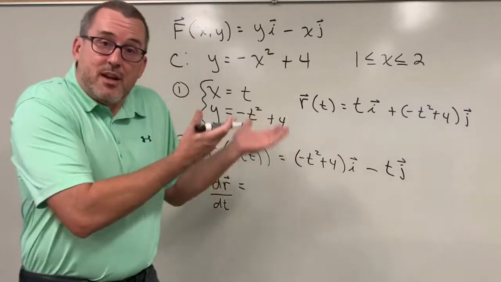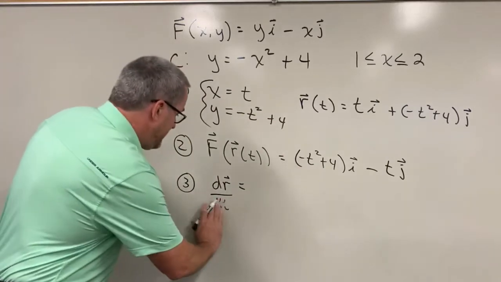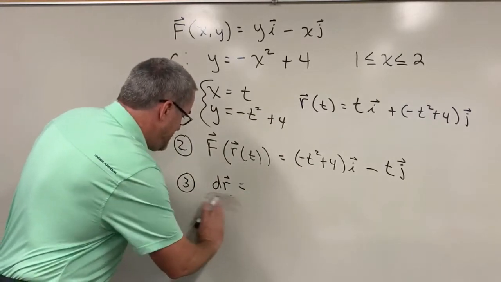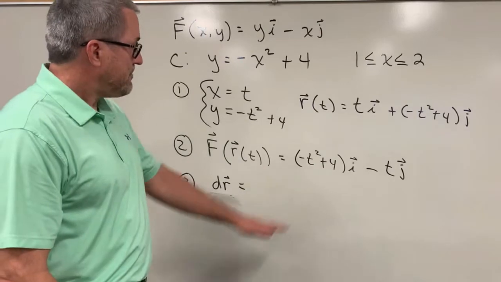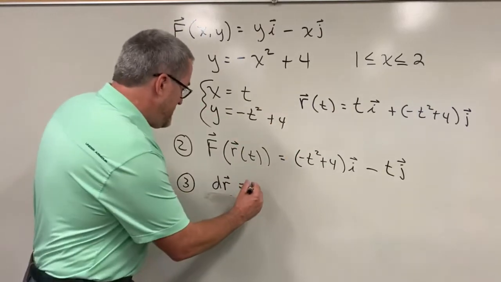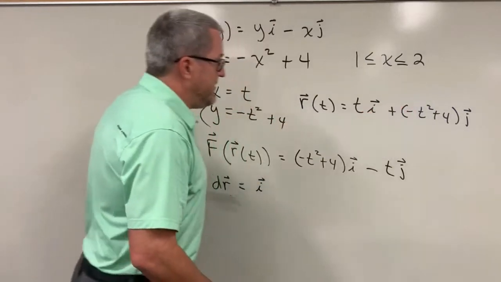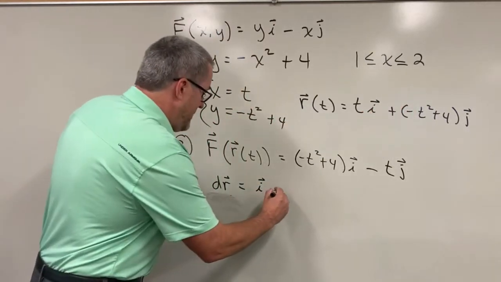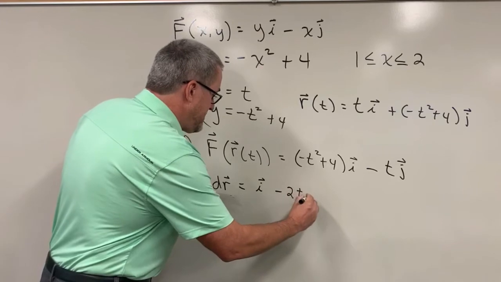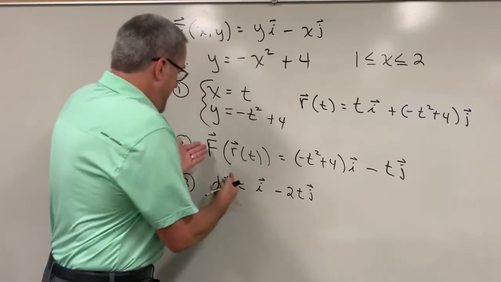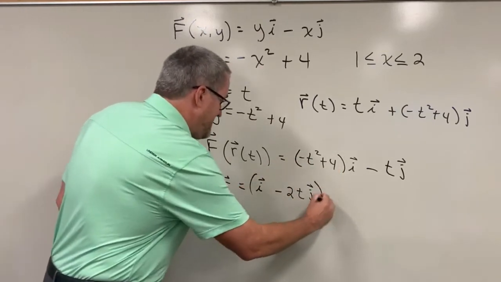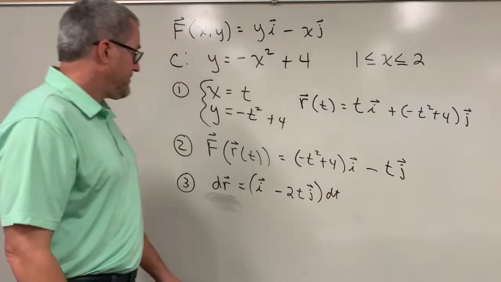But as you've seen, we're going to multiply that differential dt to the right side. So let's just do that in this step. The derivative of t is just 1, so we'll have 1 i. The derivative of negative t squared plus 4 is just negative 2t, so we'll have negative 2t j. And then remember that differential dt gets multiplied to the other side.